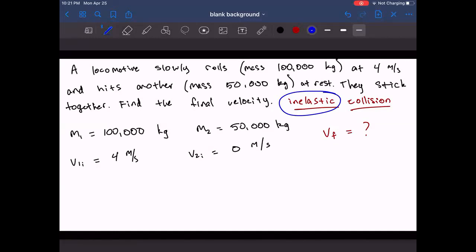Whenever it's an inelastic collision, you always have to use this equation. There's no other choices. Okay, so pi equals. Out of that, you would use m1 v1 plus m2 v2. That one, right? Yes.